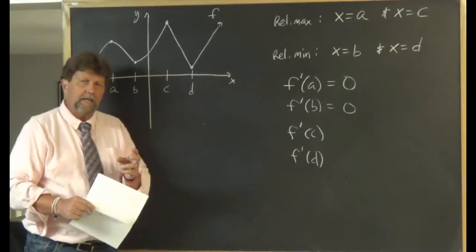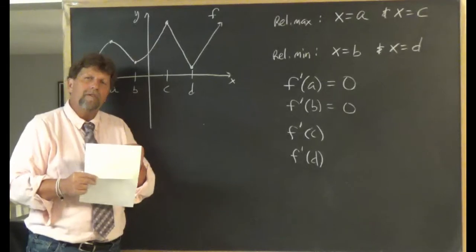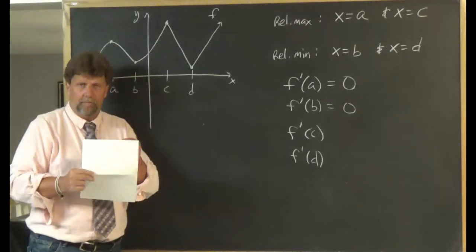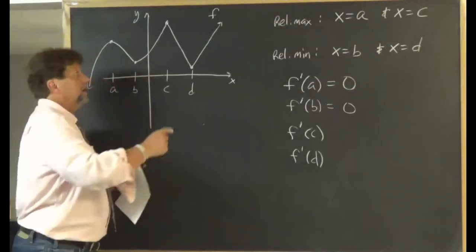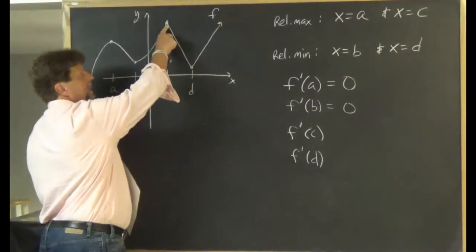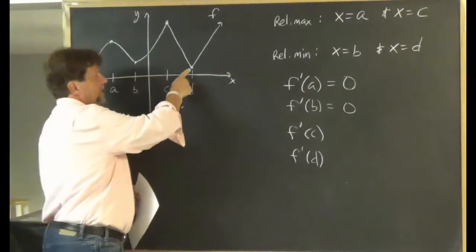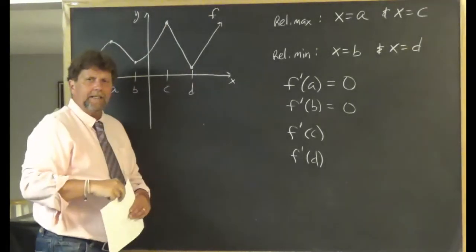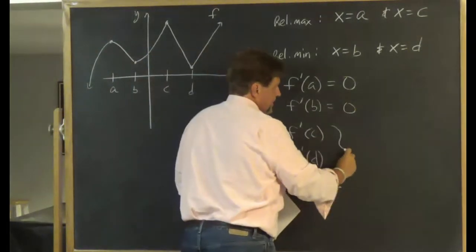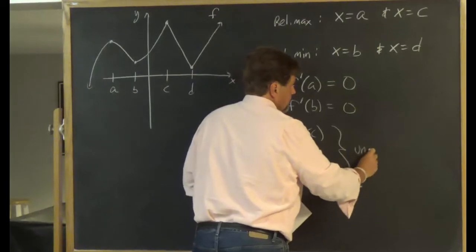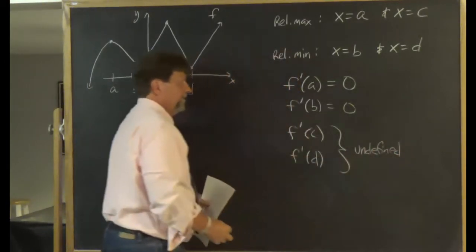Graphically, the derivative does not exist wherever the graph has a sharp turn or a corner. It looks to me like the graph is making a sharp turn at x equals c. And it looks like it's making a sharp turn at x equals d. So for both of these, the derivative is undefined.